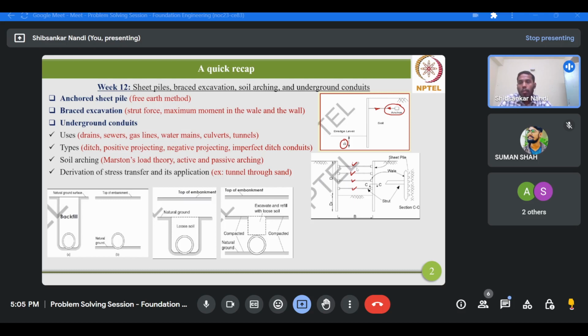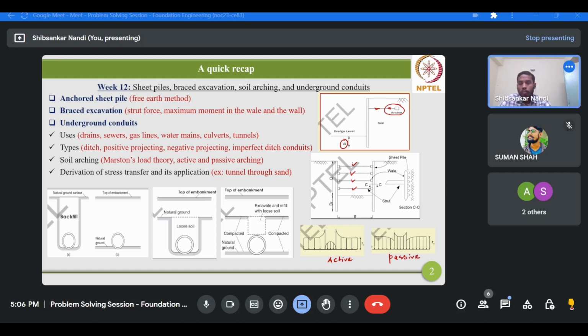We have also learned about the theory of soil arching given by Marston's load theory. Soil arching can be of two types, active and passive arching. This is the pressure distribution corresponding to active soil arching and this is corresponding to passive soil arching.